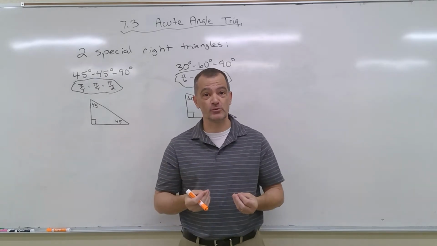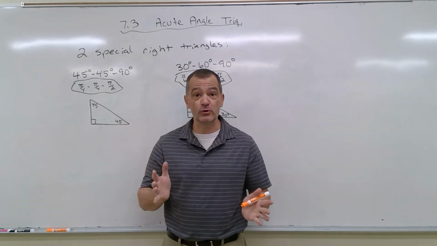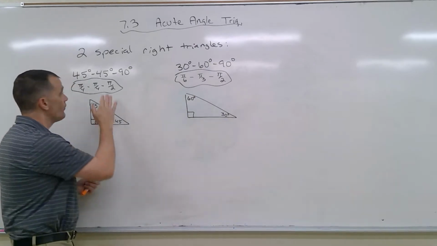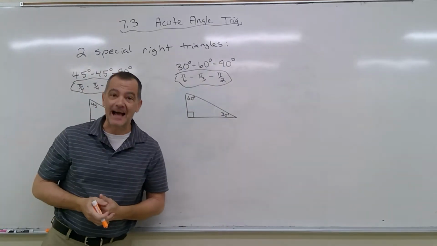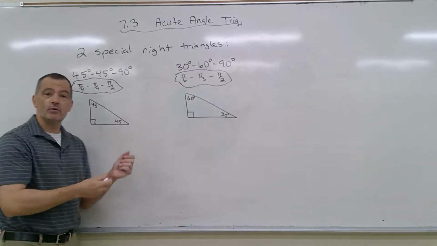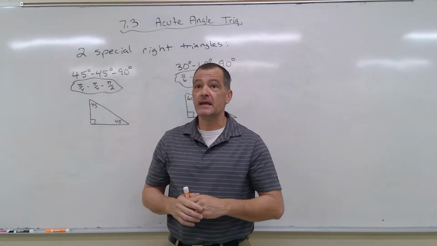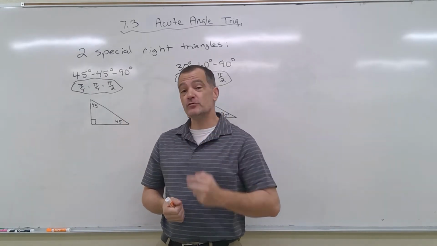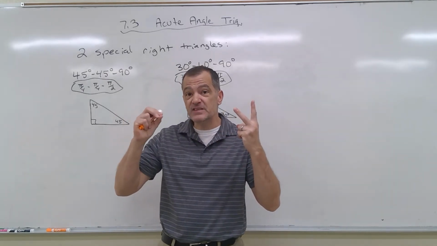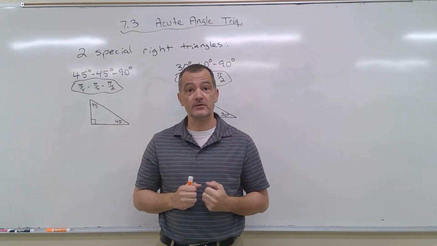the concepts of two special right triangles. There are two special right triangles in geometry. There's the 45-45-90-degree right triangle, and there's the 30-60-90-degree right triangle. The reason these are special is because, in every right triangle, if you know two sides, you can find the missing third side by using the Pythagorean theorem.